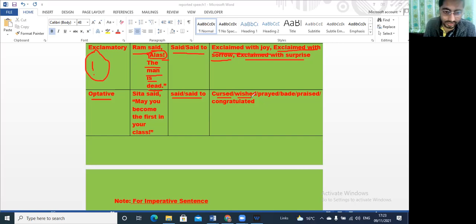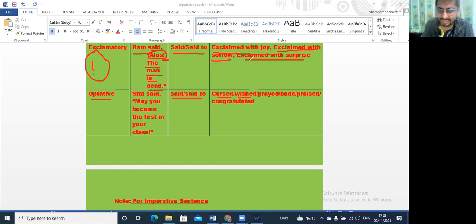Congratulated, when someone becomes successful or someone gains victory over something. In the case of achievement, we use congratulation. Sita said, congratulations, you passed the exam. Okay, in this case, what can we say? Sita congratulated me by telling me I passed the exam.